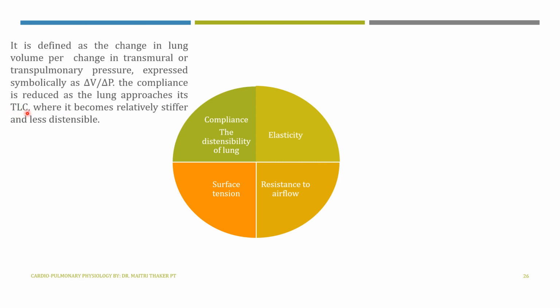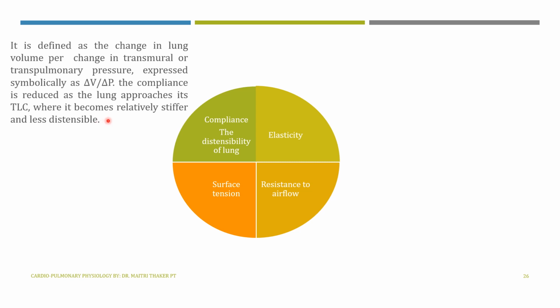At the end of full inspiration, when our lungs are filled with air, there is a limited amount of compliance. Up to a certain level our lungs can expand. After that they cannot expand. It becomes relatively stiffer and less distensible, because now there is no room for air as all the fibers are already stretched to their maximum capacity.